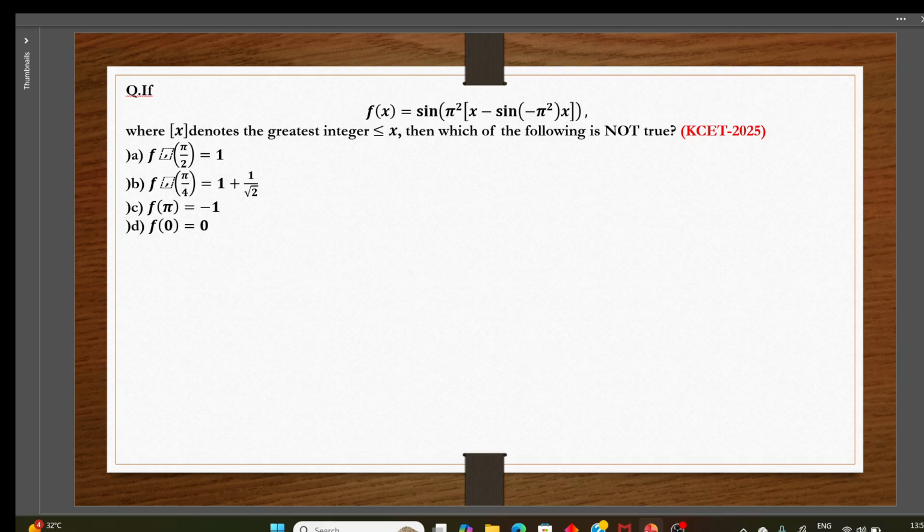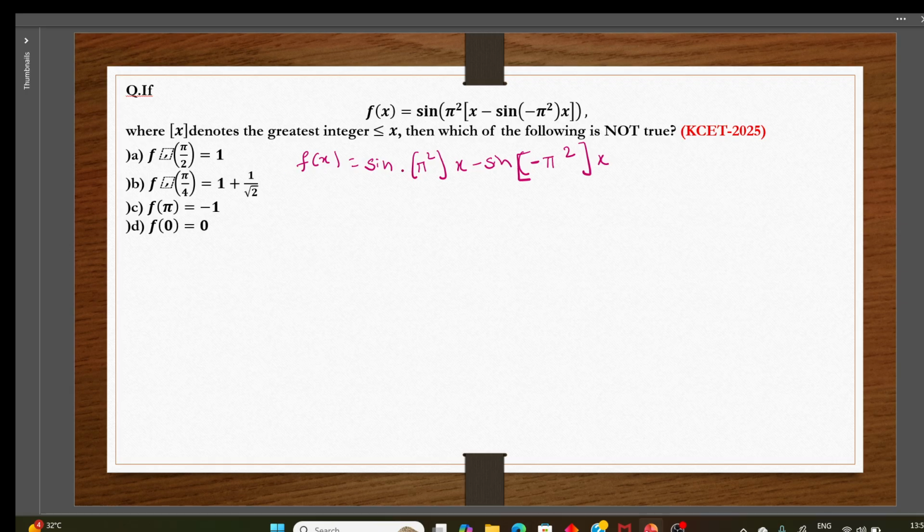Let me write the correct function: f of x is equal to sine of pi square x minus sine of minus greatest integer function of minus pi square x. This is the given function.